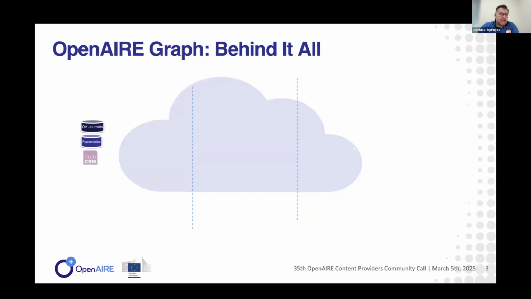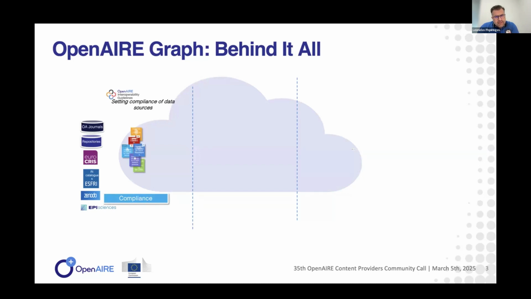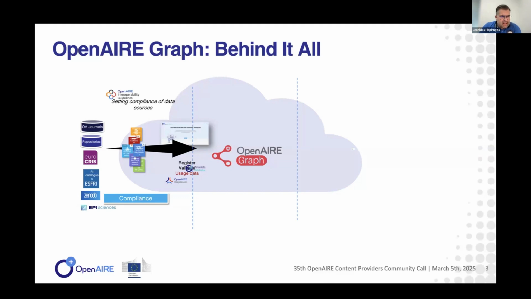I put here a slide with the workflow of being aggregated and incorporated into the OpenAIRE graph. I will speak only on the first part, where all the respective data sources, from open access journals, repositories, CRIS, and large catalogs, need to comply with the OpenAIRE guidelines and be incorporated into the OpenAIRE graph.